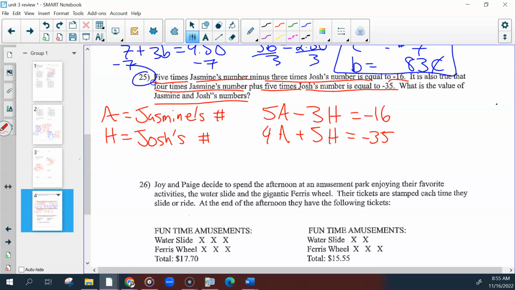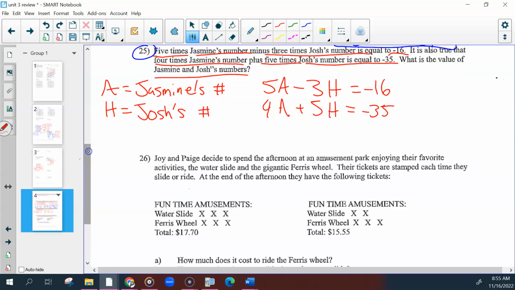So this one you could solve different ways. Substitution, I probably wouldn't advise. You could do graphing, but you'll have fractions. Elimination would probably be your best bet. But you would need to change both of the equations to something. So we could get rid of the h's by multiplying by 5 and 3. So 25a minus 15h equals something. Multiply 16 and 5 for me.